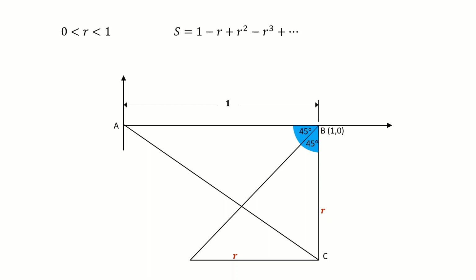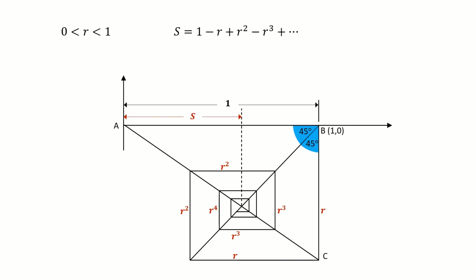From there you go up and the length is going to be R squared because the ratio of the sides of the right angle triangles is always going to be R. Then we go horizontally to the right and we go on a spiral until we converge in the middle. If you draw a perpendicular line from the converging point, you can see that the coordinate of this point is in fact the value of the series S, because it's 1 minus R plus R squared and so on.